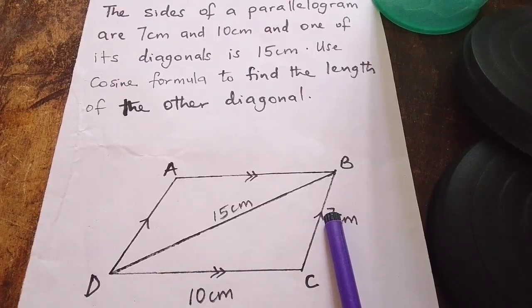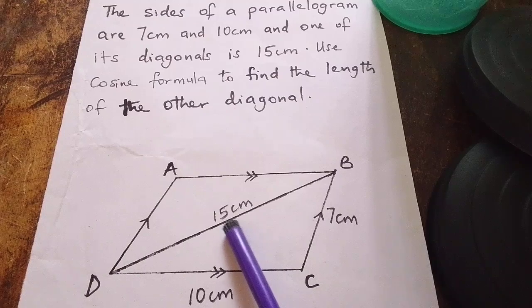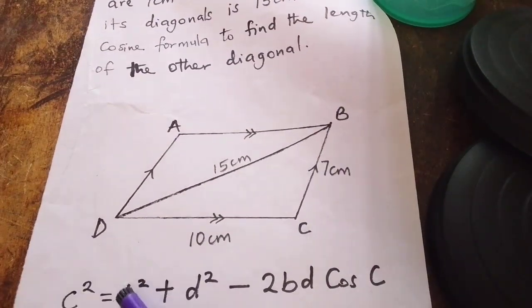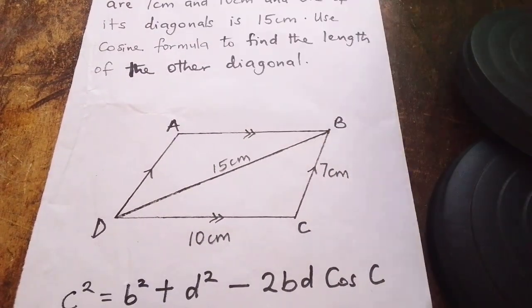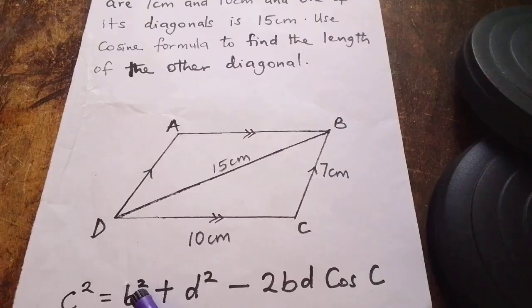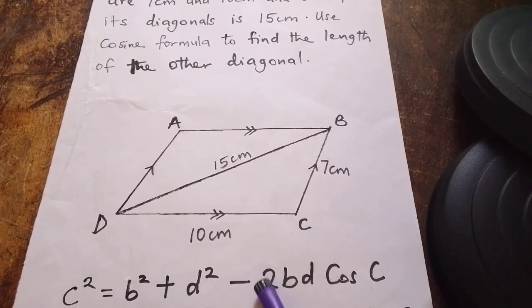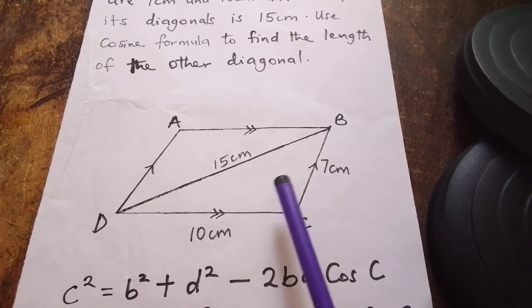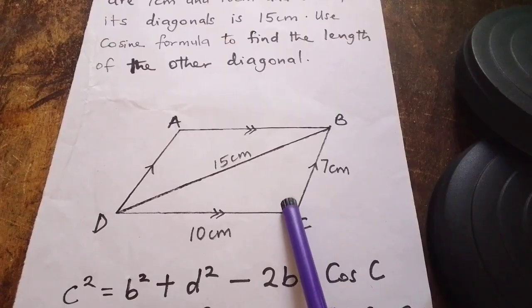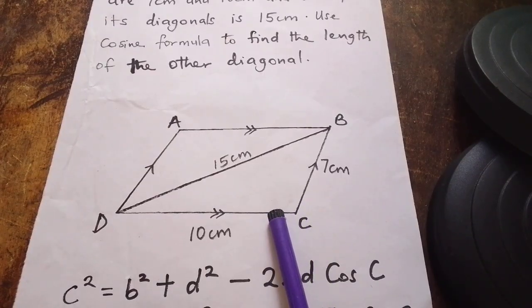So the formula says that c squared should be equal to b squared plus d squared minus 2 times b times d times cos of this angle. What I'm looking for is the value of this angle.